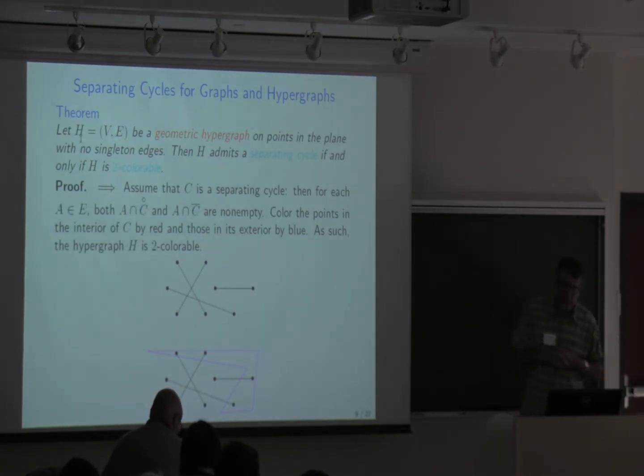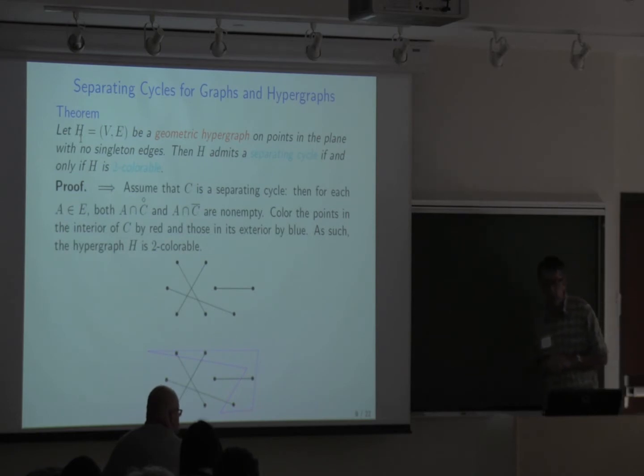So suppose you have a geometric hypergraph in the plane, let's say, that you want to separate. One can prove the following quite simple characterization: H has a separating cycle if and only if H is 2-colorable. One direction is very simple.